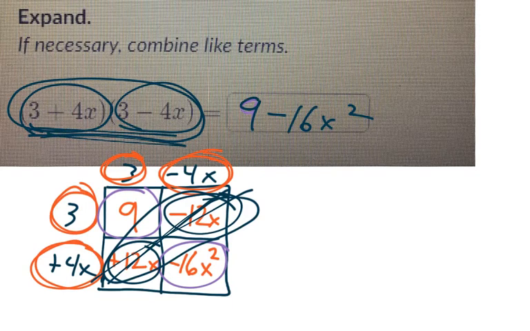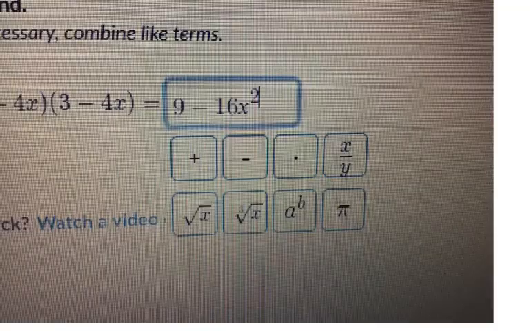This right here is called the difference of two squares because we have 3 squared, we have 4x squared, and we have a plus and a minus, right? And that's the setup for difference of two squares that you ought to already recognize. But anyways, the middle is going to cancel out, bottom line on these, all right?